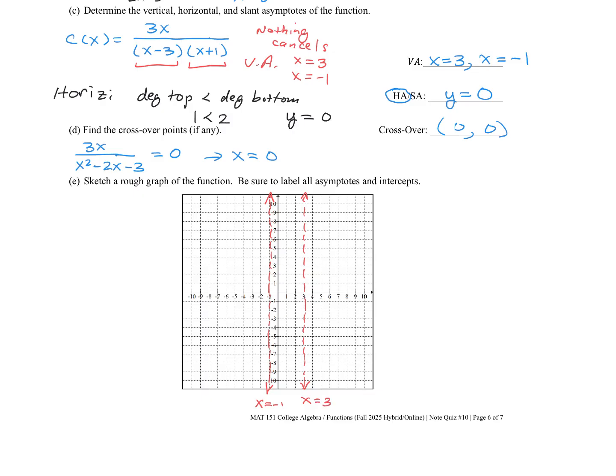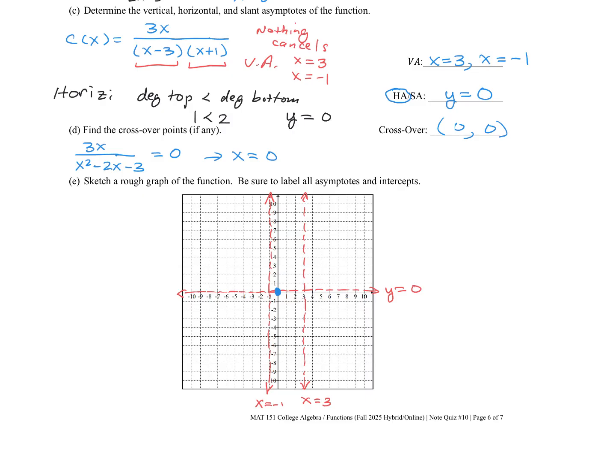My horizontal we found was y equals 0, which is basically your x-axis. I'm going to draw it a little above there so we can see it. All right, so we already saw that we have a crossover point at the origin. So I'm going to put a large dot right there at 0, 0.